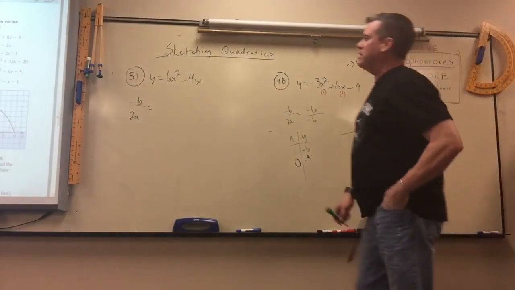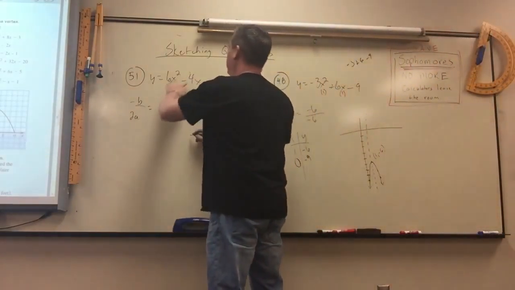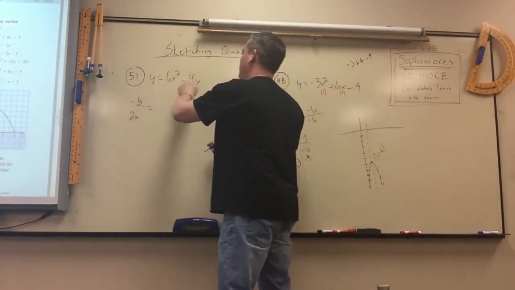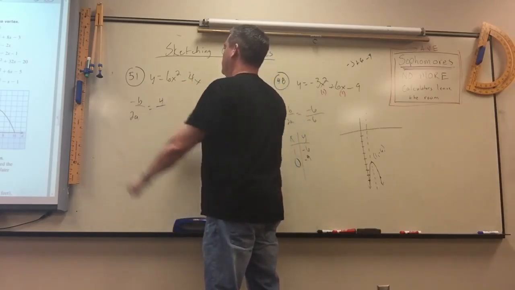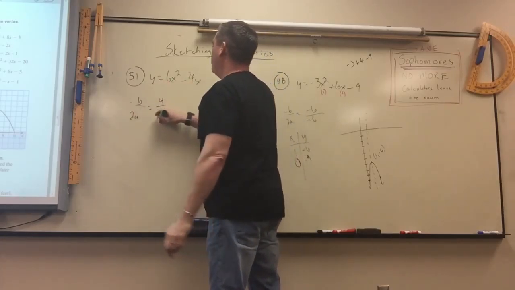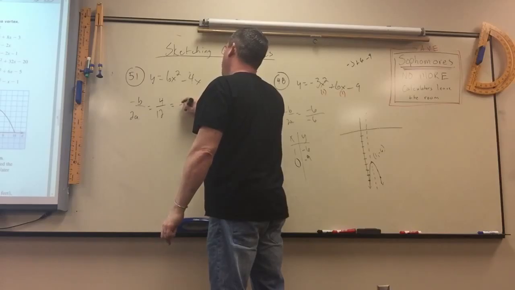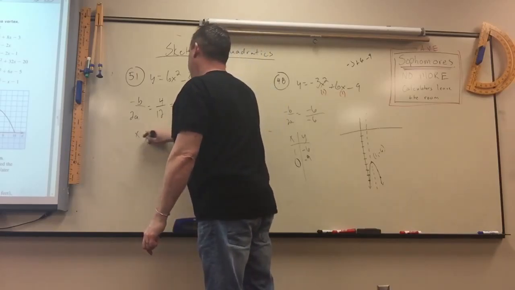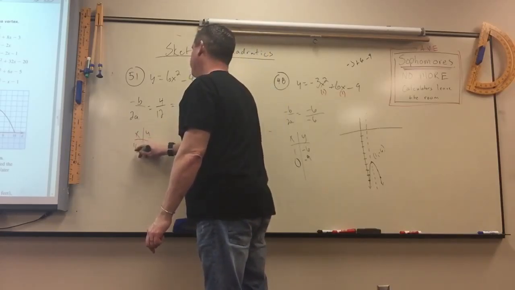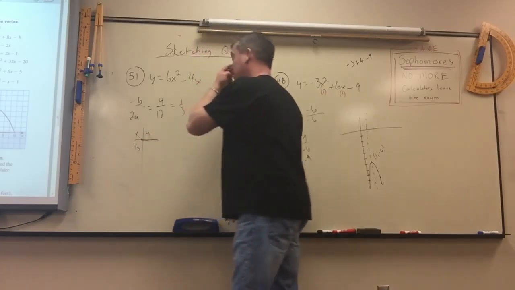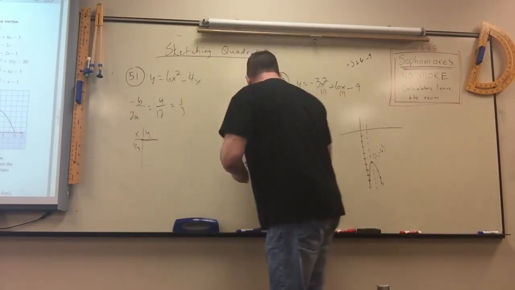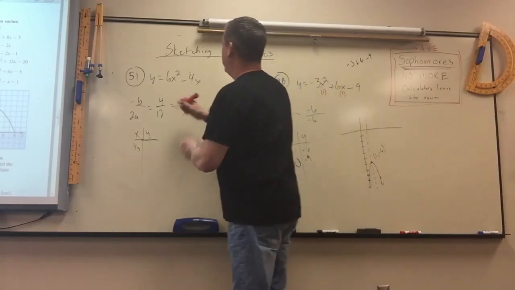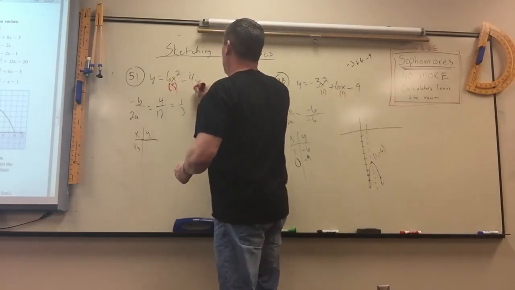So for 51, b is a negative 4. So negative b is 4. 2 times a is 12. So that's 1/3. They like to throw thirds in there a lot. So when you plug 1/3 in this, when you do it on your calculator, you got to go 1 divided by 3.